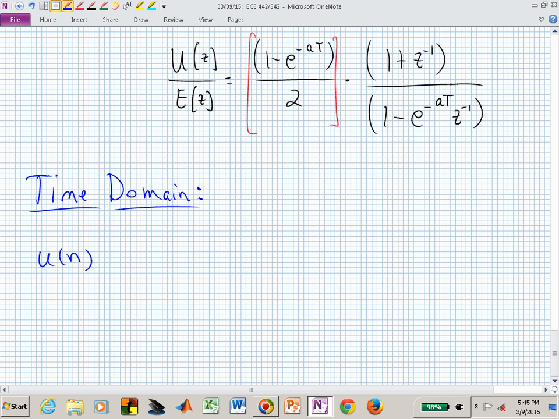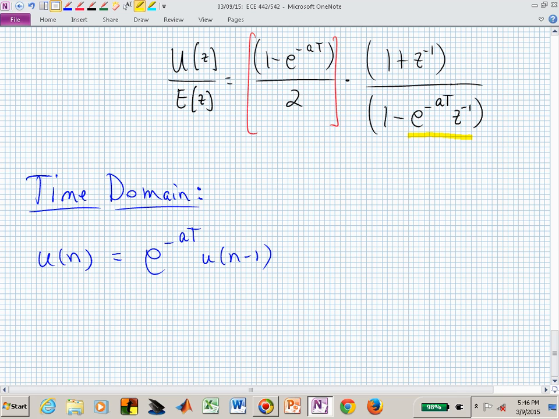Here I'm basically not explicitly including the sample period capital T in the argument. I'm just saying this is index number n for U of n. But now on the right-hand side, we have e to the minus aT times U of n minus 1. And that's really just coming from that piece slid over to the right-hand side after multiplying through and adding.